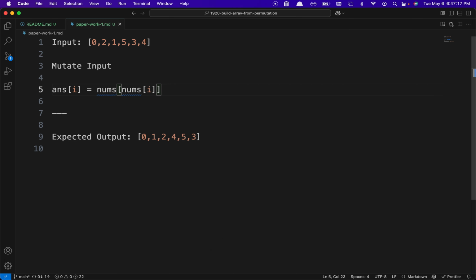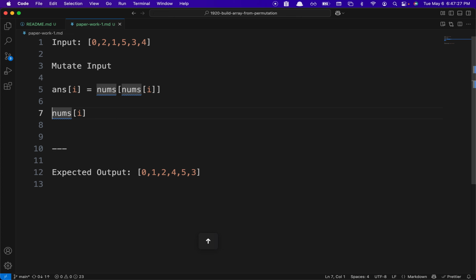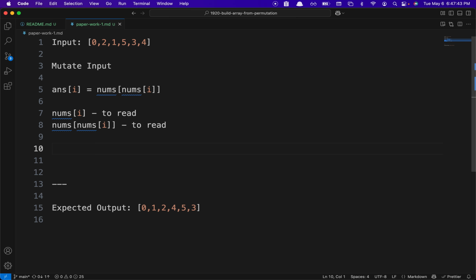Now what we're doing here is we only read nums of i here, so that is fine. We need nums of i to read, and we also need nums of i to read, right? And what are we writing?